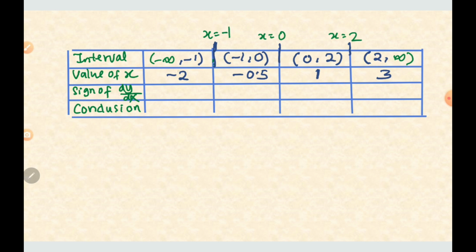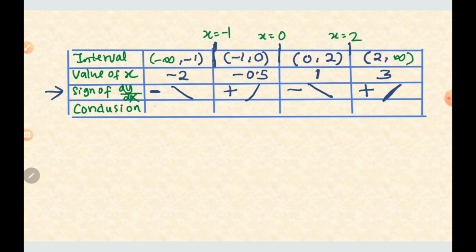Then you have to substitute negative 2 into dy/dx, the derivative of y, and you will get a negative value. You have to draw the negative, meaning the slope is like this. This one positive, this one you get negative, and the last one you get positive.